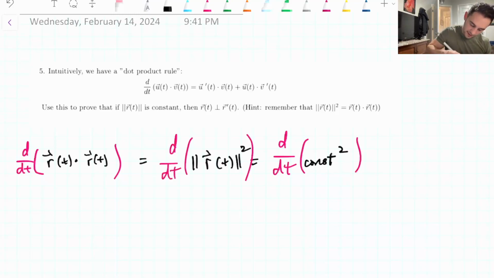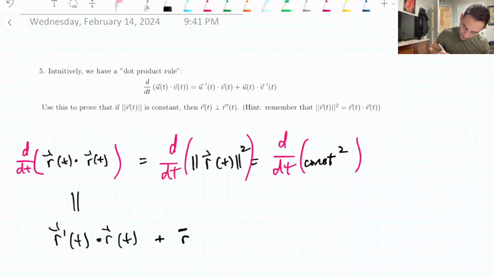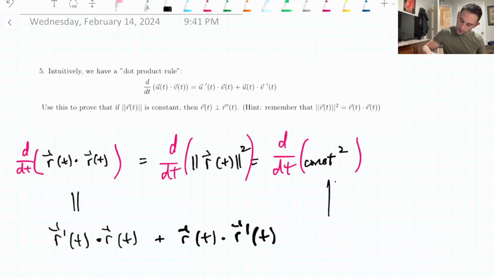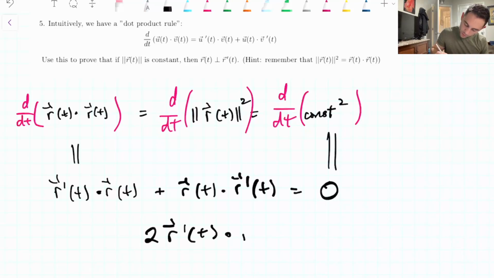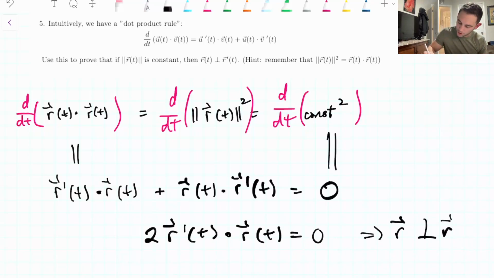So here I'll see that r prime of t dot r of t plus r of t dot r prime of t is going to be equal to 0, right? The derivative of that constant magnitude must be 0. So what I've shown here is that twice the dot product of r prime with r is 0. So that means, of course, that r prime is perpendicular to r.